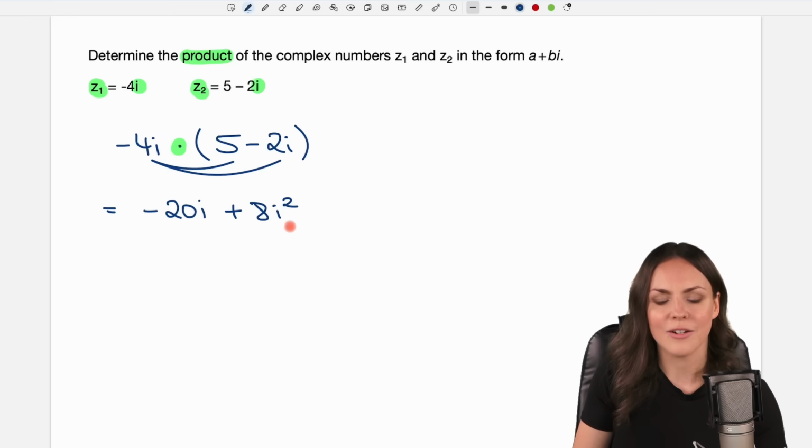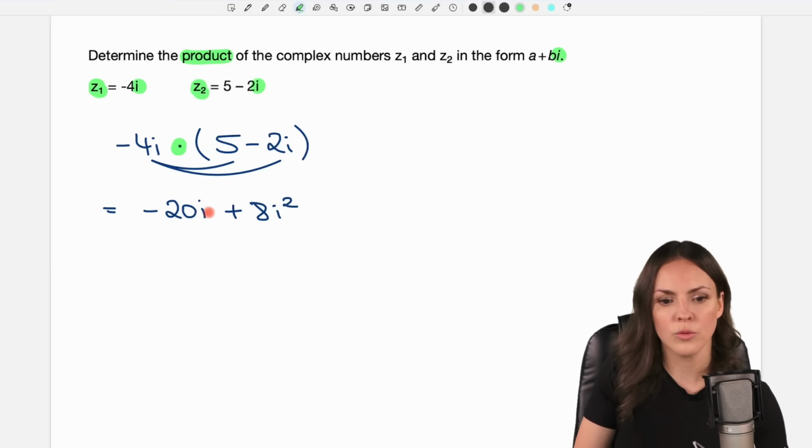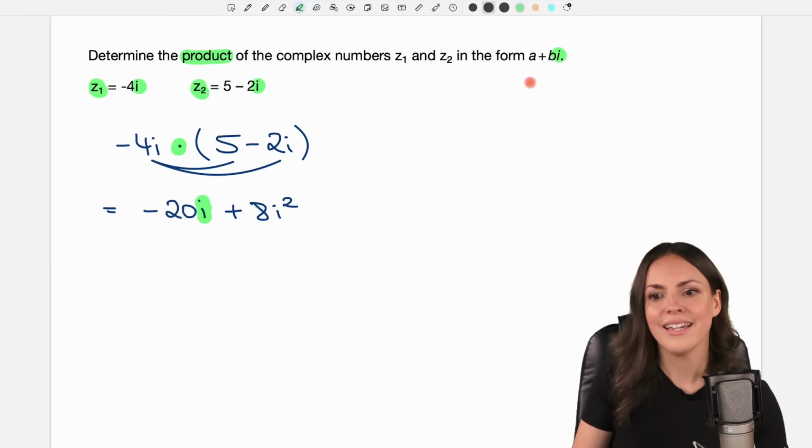Is this our result now? Is this algebraic form that we have worked with, where we have a part with i, and then just a number? Well, we have an i squared in here. Is that okay? No, it's not. We have to get rid of this i squared.